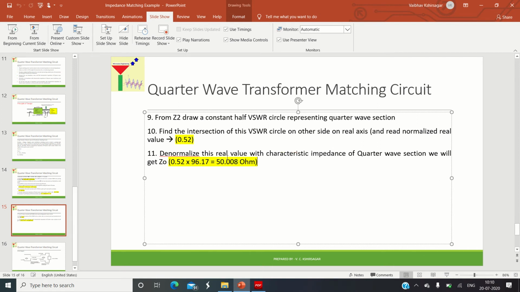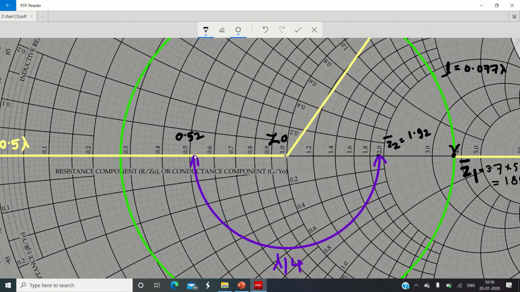In this case, we are getting 50.008. So you will get 50 ohm, and from this point you will reach the center of the Smith chart.